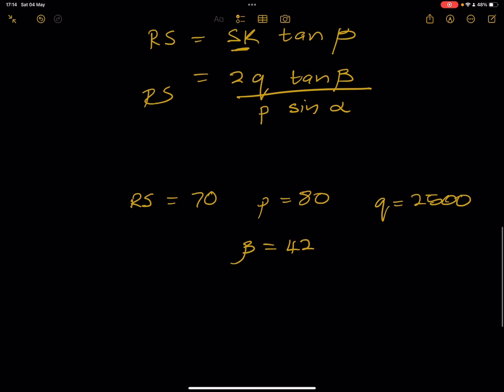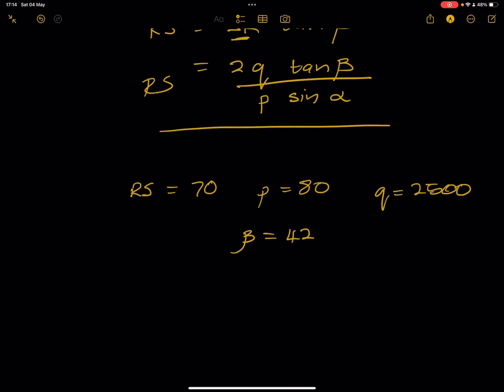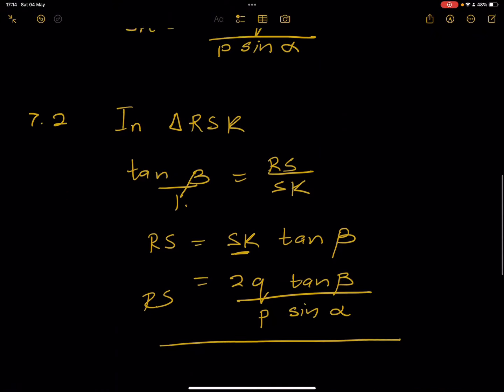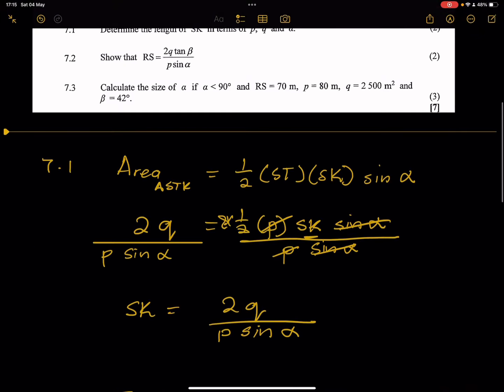So I'm going to substitute into that formula there. So they've given us the side of alpha, so that's 7.3, right?